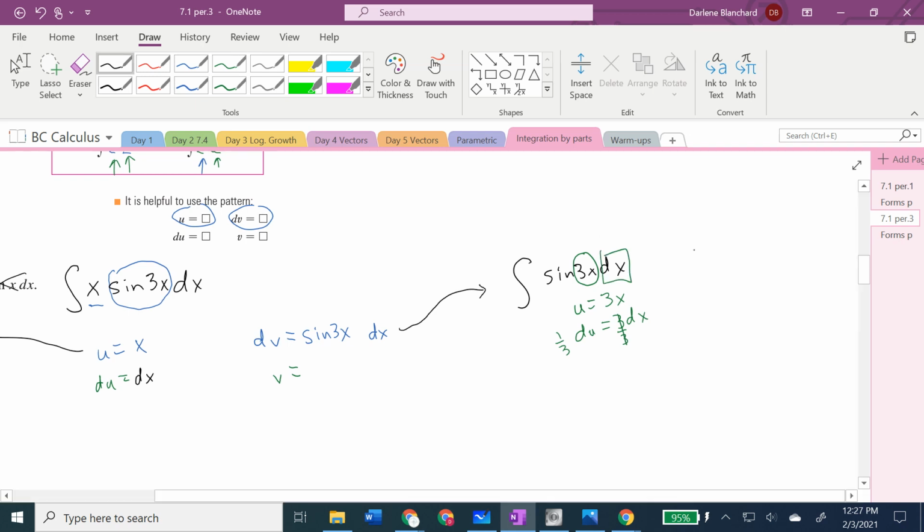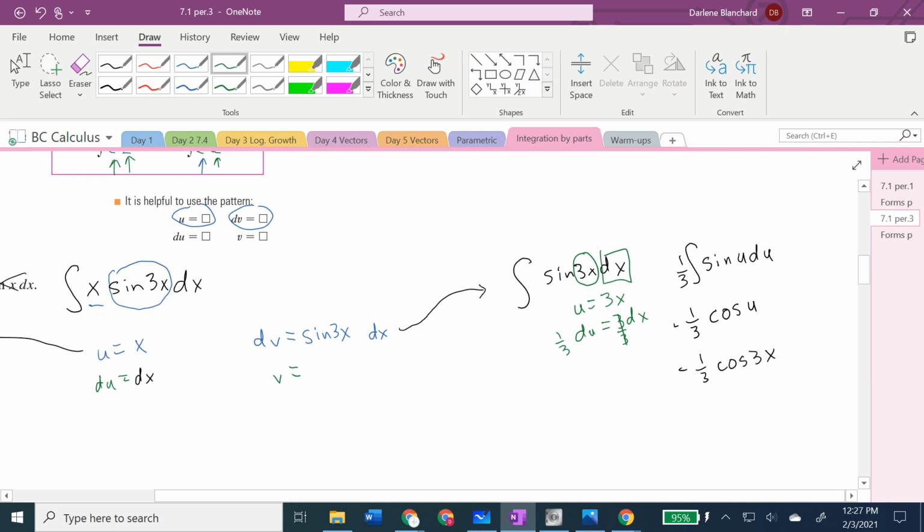And this is now the integral of sine u times 1/3 du. Then when I integrate sine u, I get negative cosine u, and I put the u back in. And now I'm ready to write my answer here.